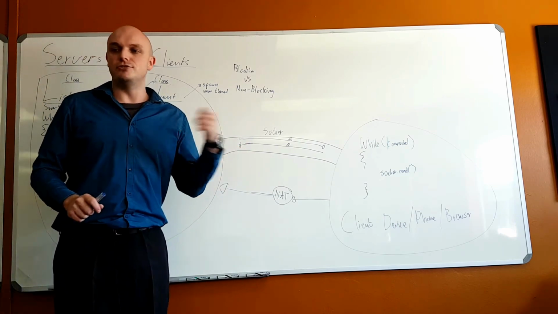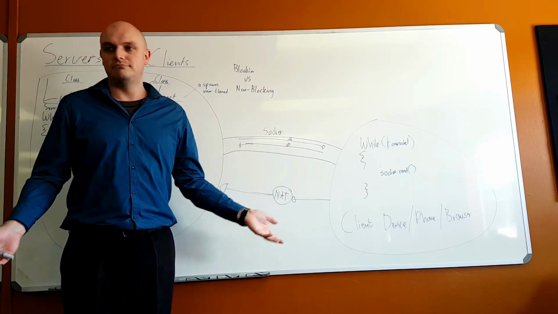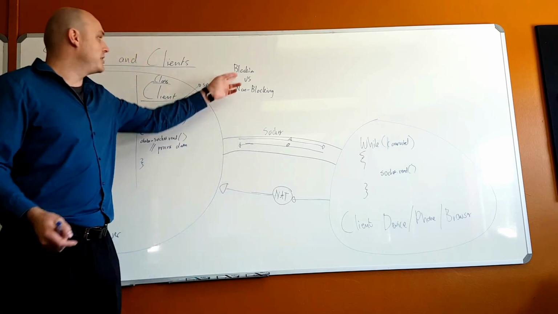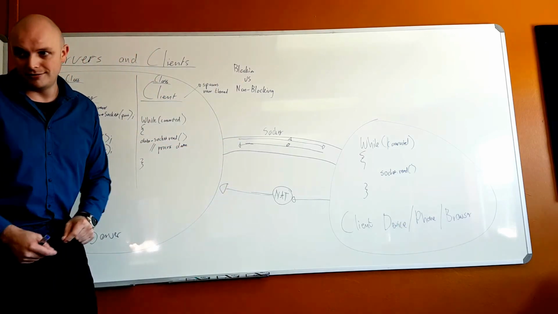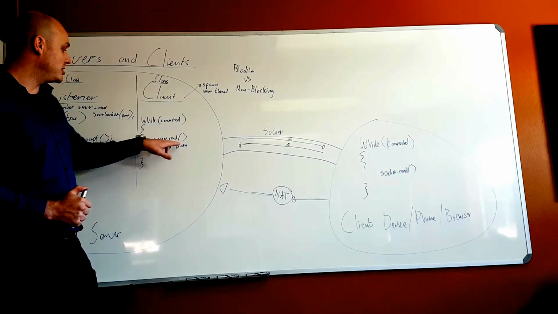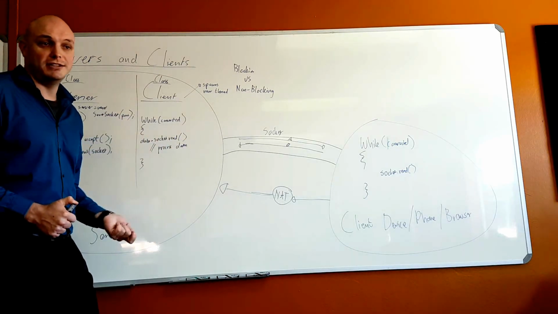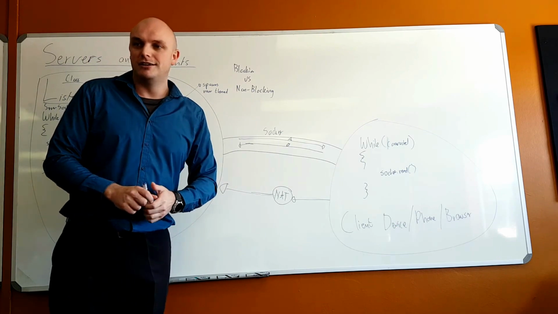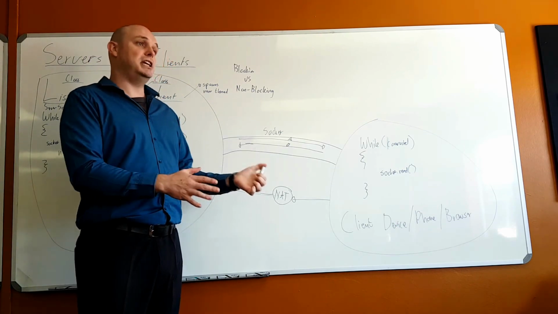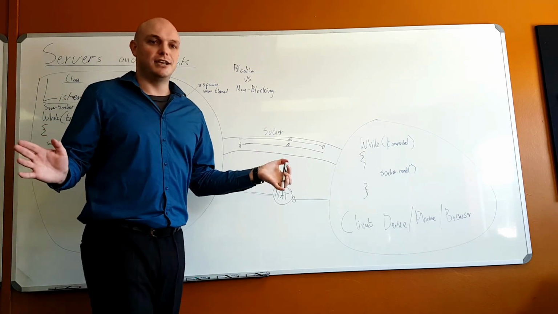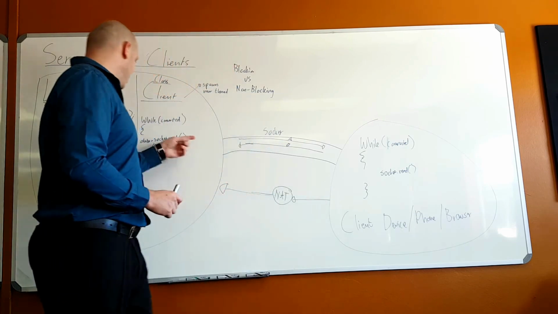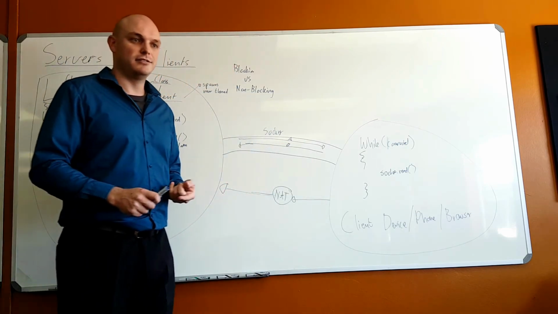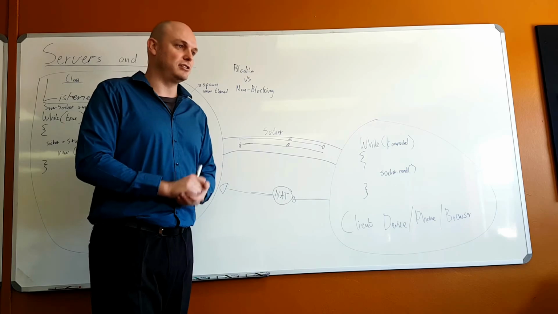It either returns null or it returns data. That's it. A blocking socket will sit there and wait. For some of them you can also specify a time that it needs to wait, so it's almost like a hybrid between blocking and non-blocking. You can say read, but only wait 10 seconds. If there's no data, then return null and carry on. Then you can have a sort of hybrid solution.